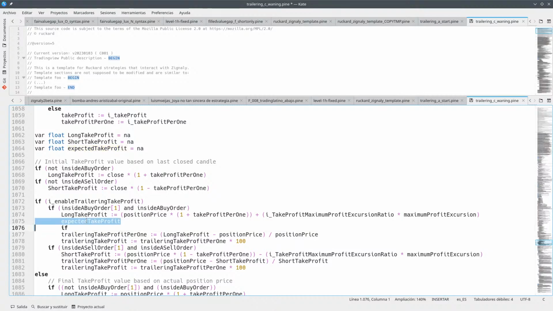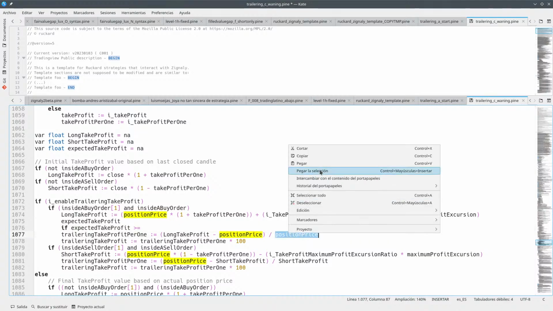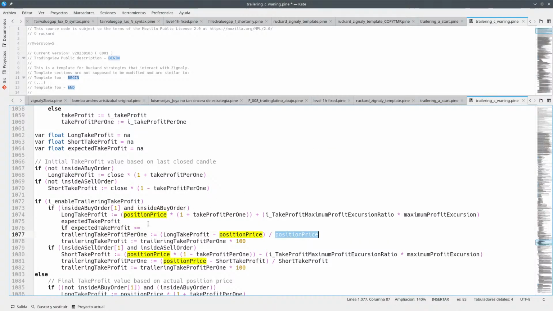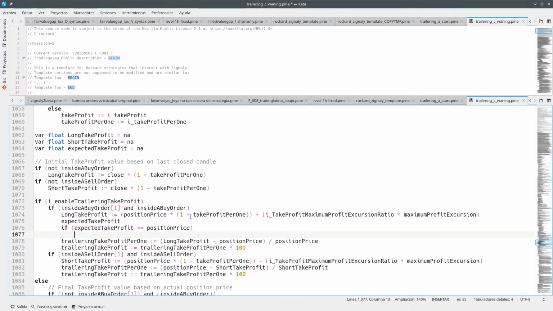So if expected take profit is higher than the position price, because I'm inside the buy order, then I can use long take profit as expected take profit.